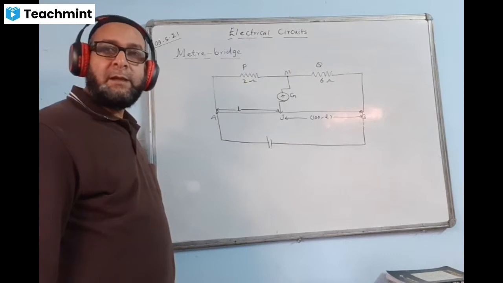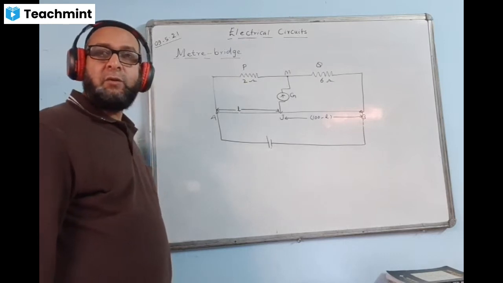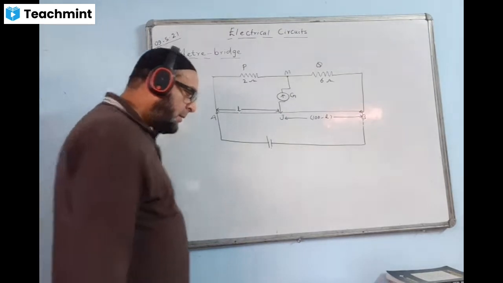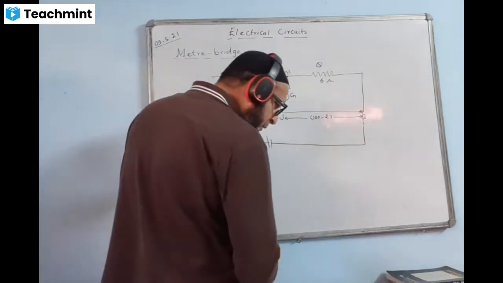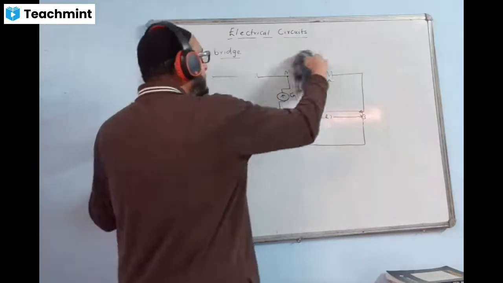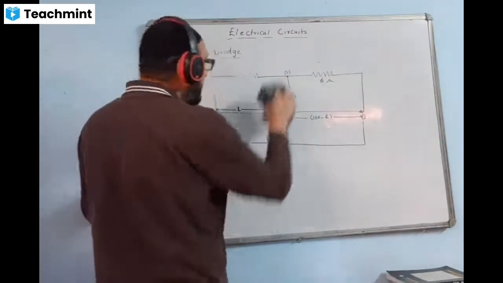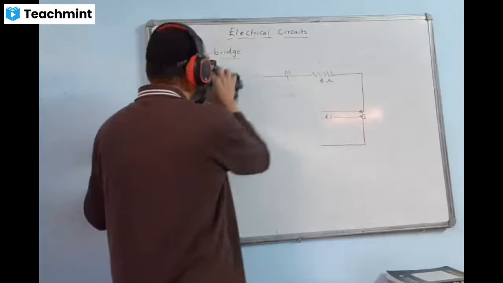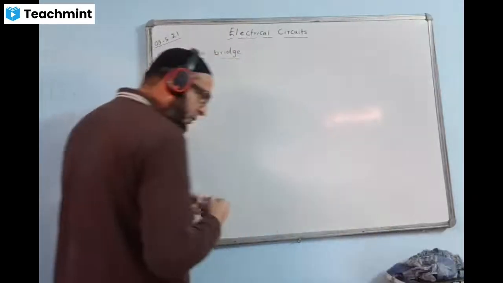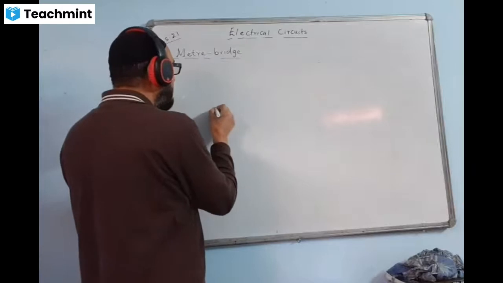Where should the jockey be placed so that the galvanometer shows no deflection?